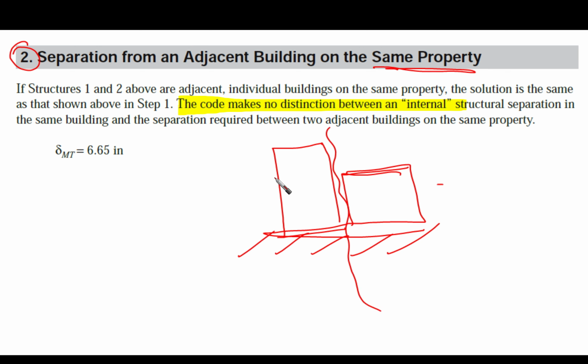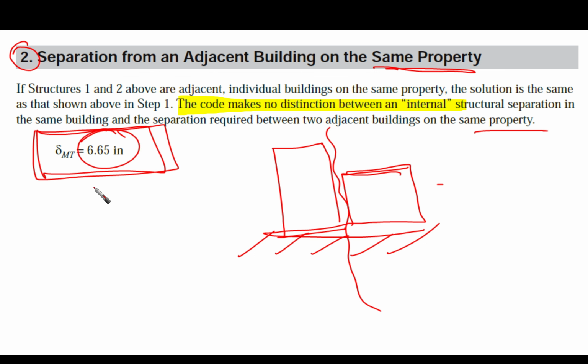The code makes no distinction between an internal structure separation in the same building and the separation required between two adjacent buildings on the same property. So our delta M, or the separation, is going to be the same as before. We will not calculate anything. Okay, this is the second one.